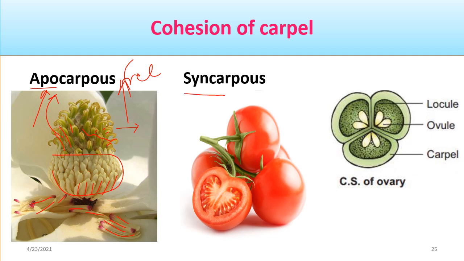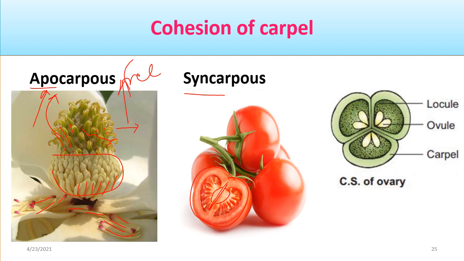If you look into this, this is actually a fruit, but before development of fruit, it is actually an ovary. And in the ovary, you can see that this is the axis. These are actually ovules, and they are attached to the axis through these small placenta.